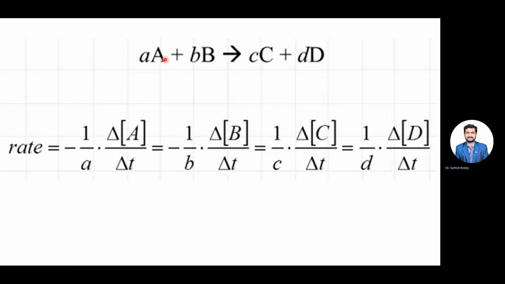Rate is equal to 1 by small a into delta capital A divided by delta t, is equal to minus 1 by b into delta capital B by delta small t, is equal to, here plus, 1 by c into delta capital C by delta small t, is equal to 1 by d into delta capital D by delta small t.